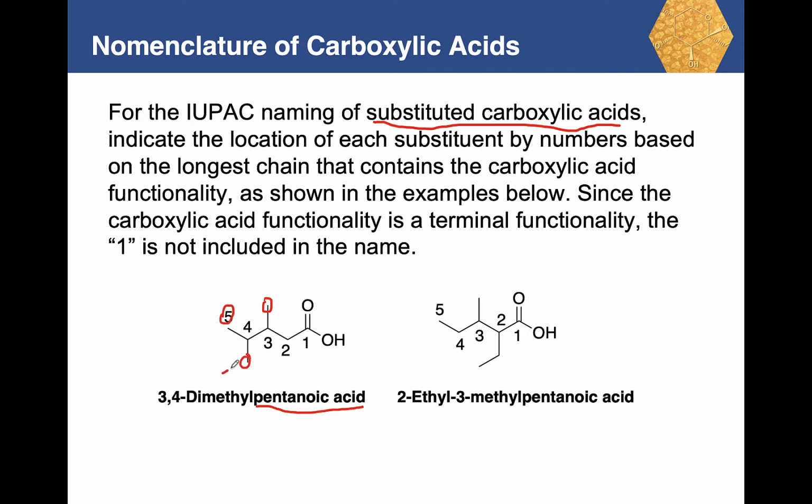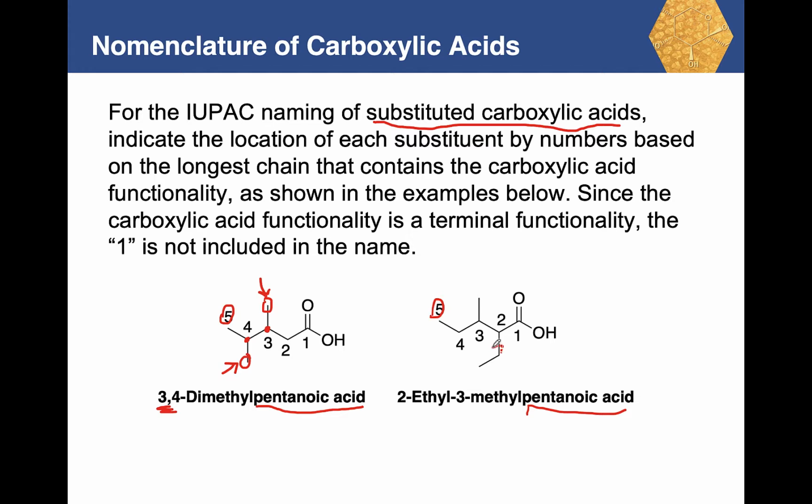There's a branch here as a methyl group, and there's a branch here which is a methyl group on carbons number 3 and 4. So the name becomes 3,4-dimethyl pentanoic acid. Here's another example. The root again is 5 carbons. So that becomes pentanoic acid again.